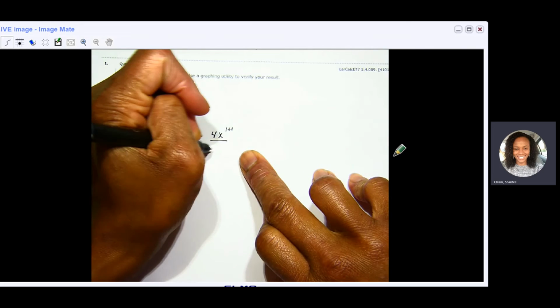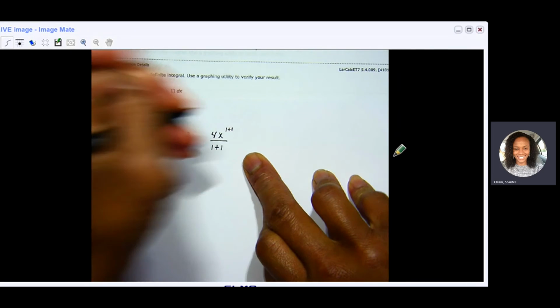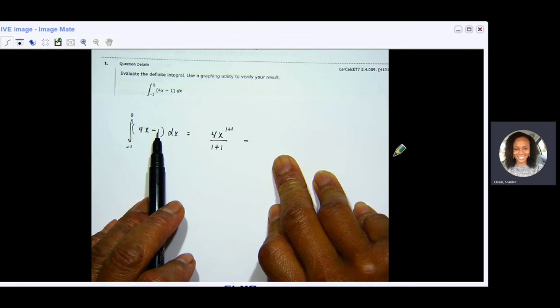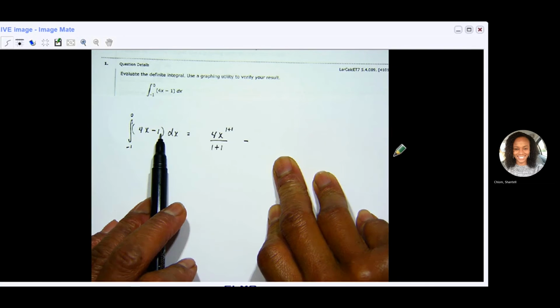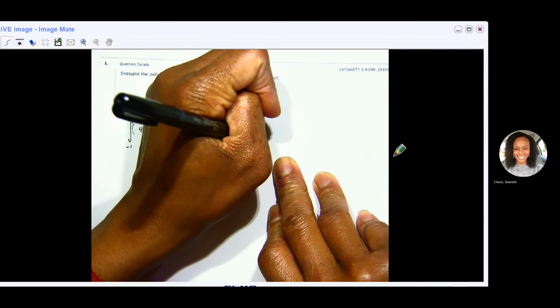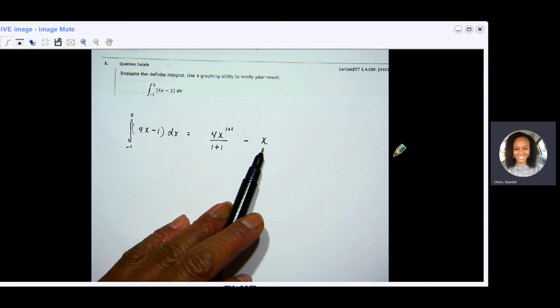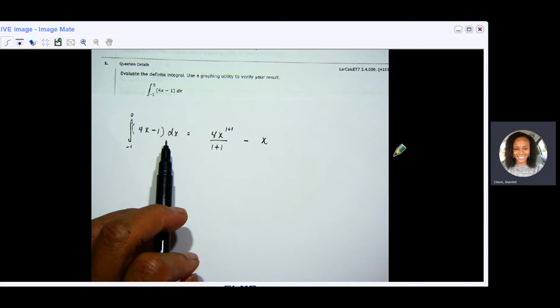So then that becomes 1 plus 1 on the bottom, and I will clean that up. And then minus, you've got just a constant 1. When you integrate that, that becomes x. And again, because it's just a constant, the integral of a constant becomes the variable. And again, those are those few rules that we saw in 5.1.